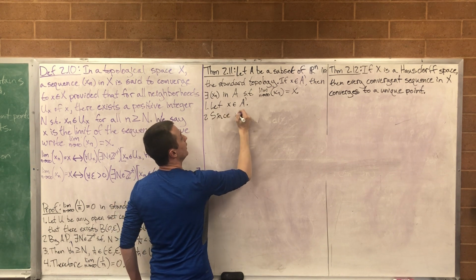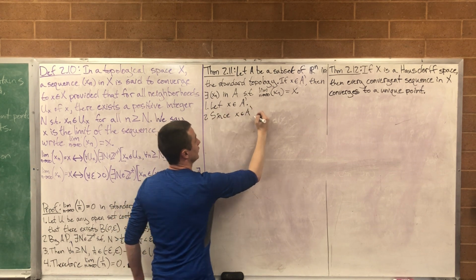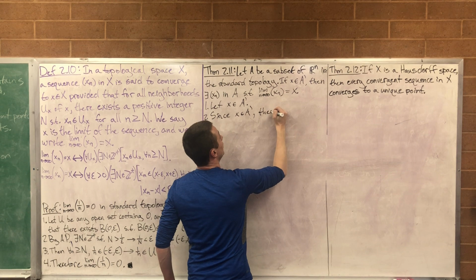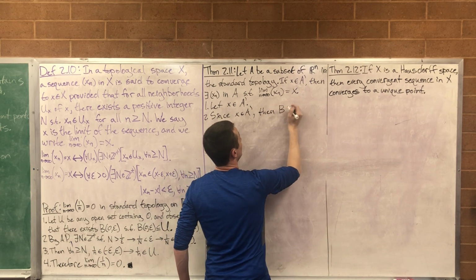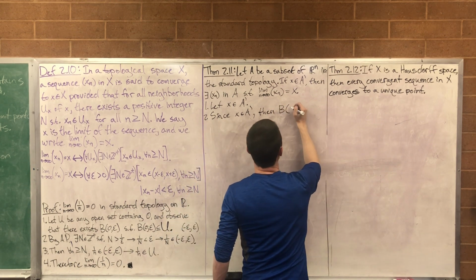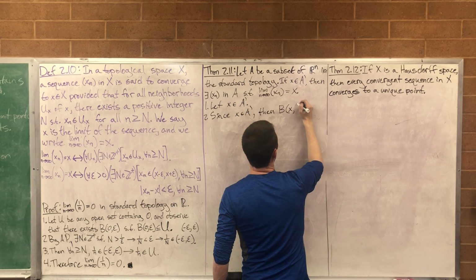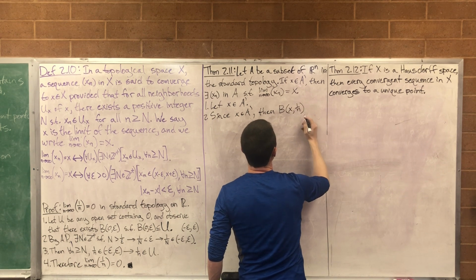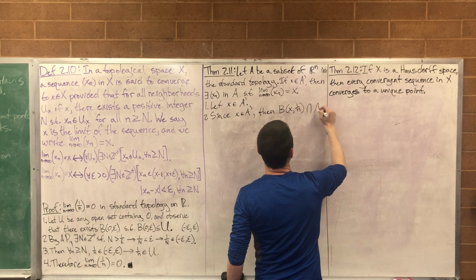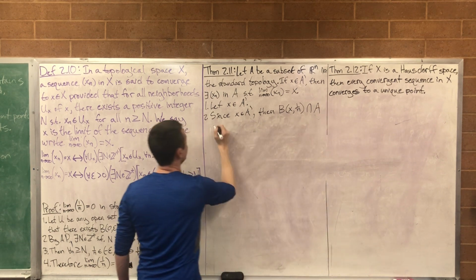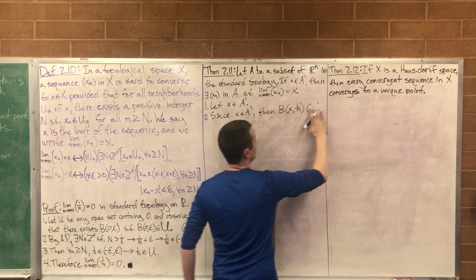Since x is in A prime, the ball centered at x with radius 1 over n intersects A. Well, I'll just write it out.